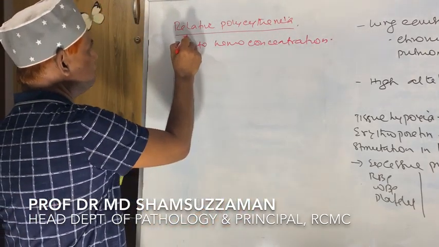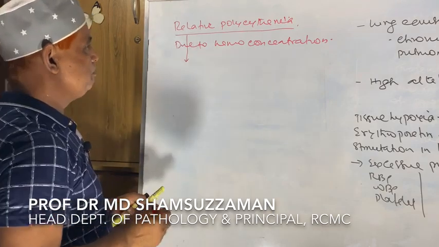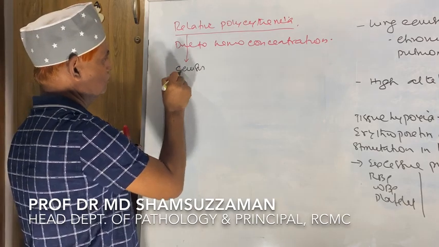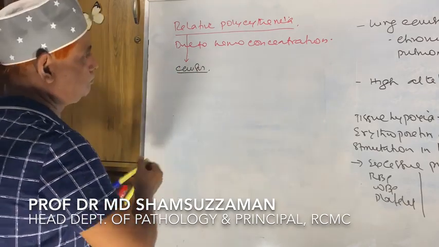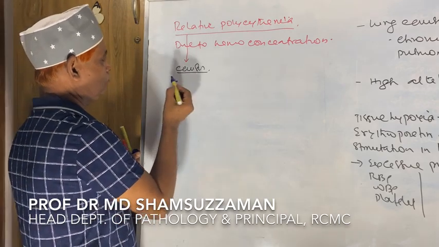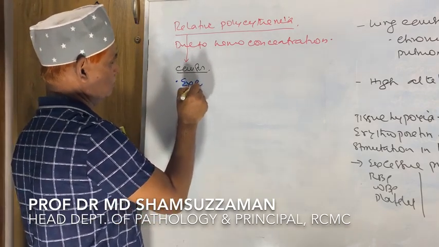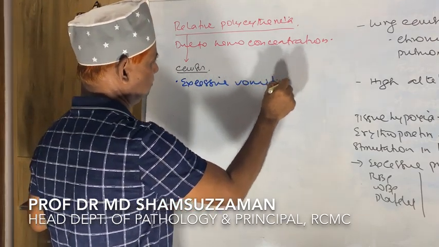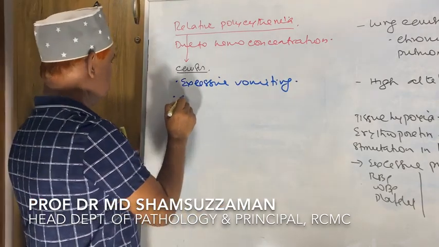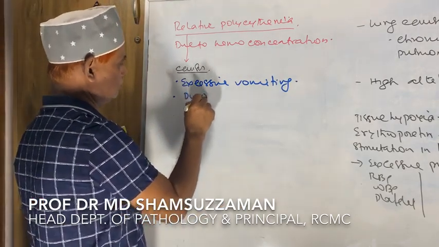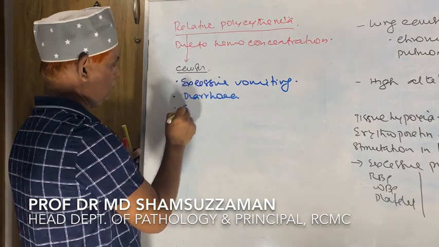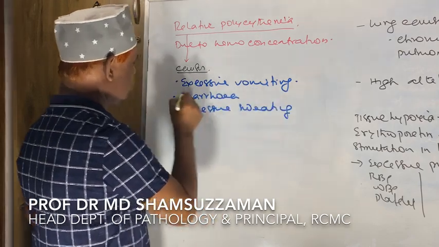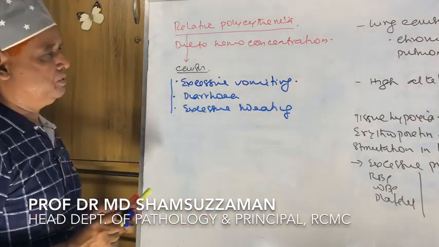What are the causes of relative polycythemia? Excessive vomiting, diarrhea, excessive sweating. These are associated with hemoconcentration.